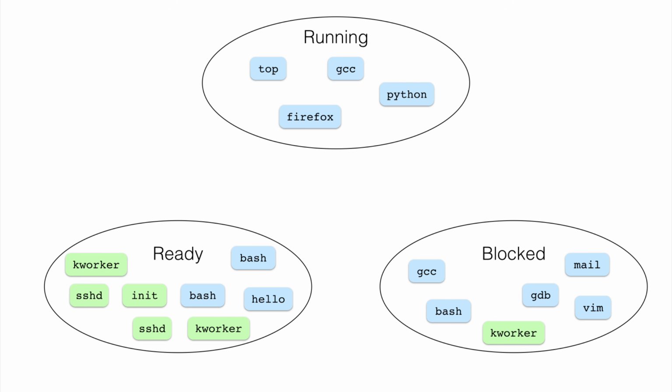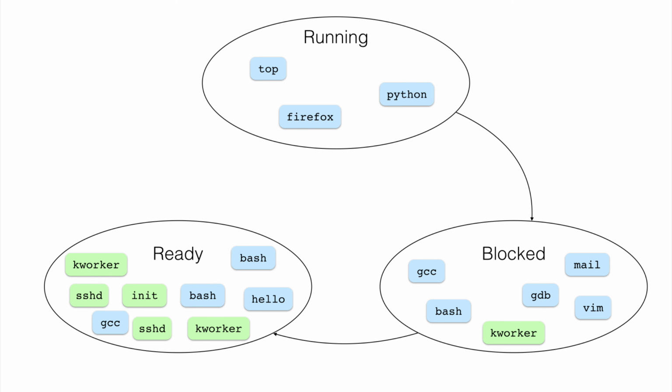A single process will move from one state to another throughout its lifetime. For example, GCC may have been running, but then needed to access a file. GCC is moved to the blocked state while it waits for data from the file to arrive. Once the data arrives, GCC is moved to the ready state.